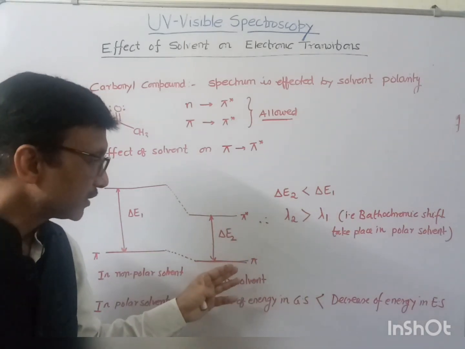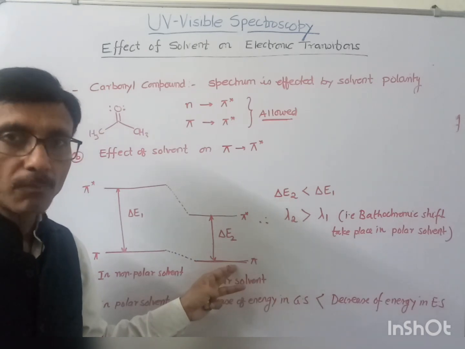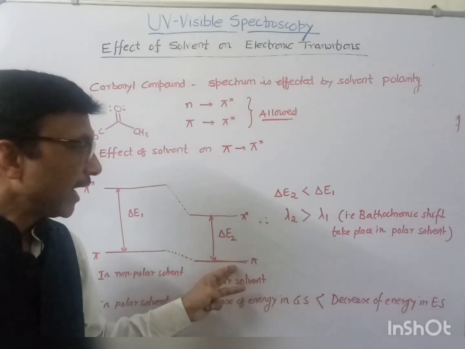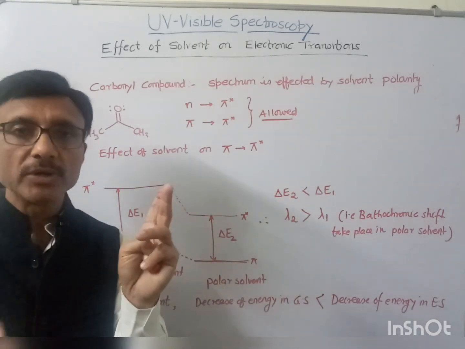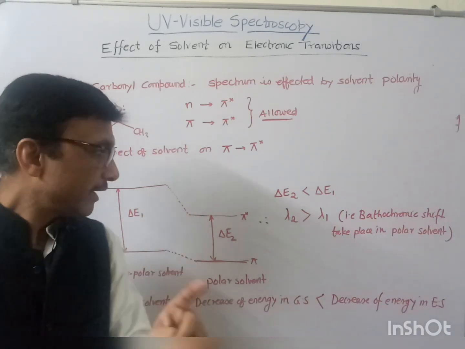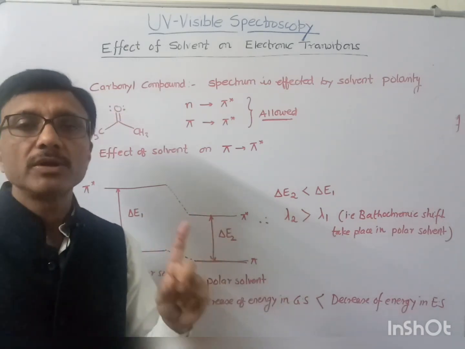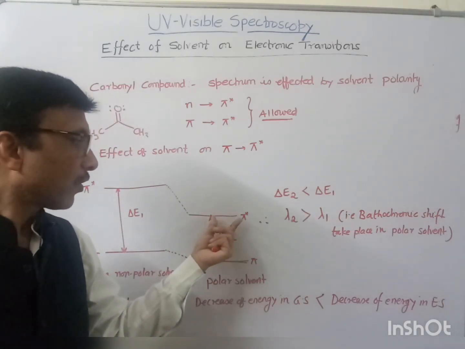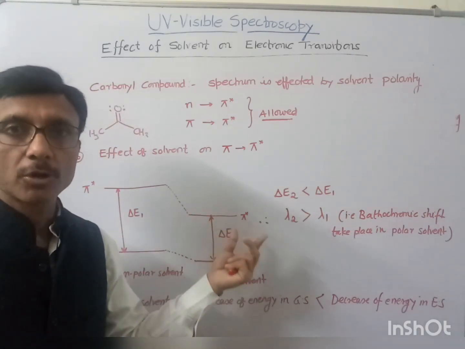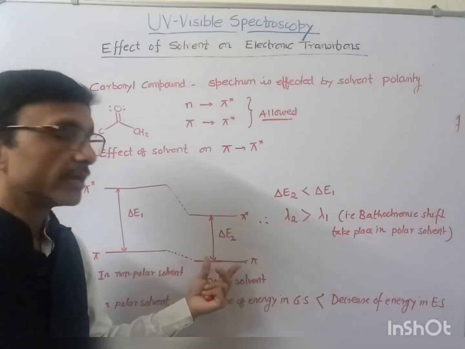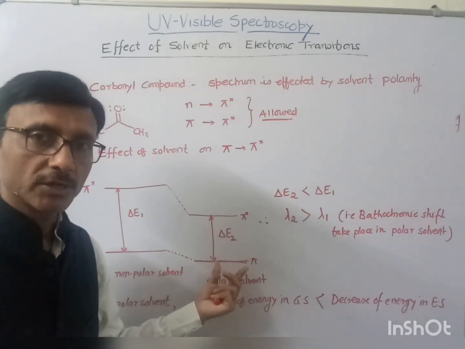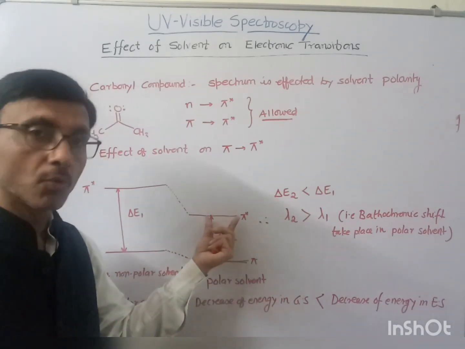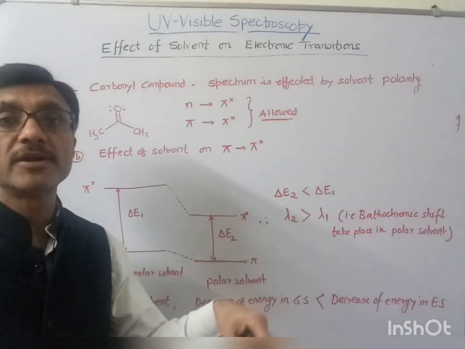In the bonding molecular orbital two electrons are present, and in the anti-bonding molecular orbital only one electron is present. So the bond length of the anti-bonding orbital is more than that of the bonding orbital. If bond length is more, then polarity is more.